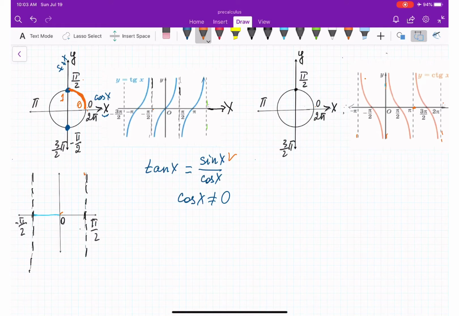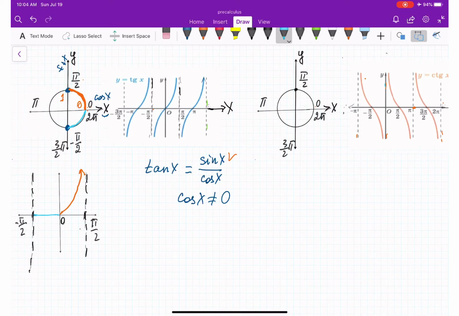Here it goes from 0 to half a pi. But it never crosses half a pi, because tangent is not defined at half a pi, okay? And from negative half a pi to 0, it's going from negative 1 to 0, right?